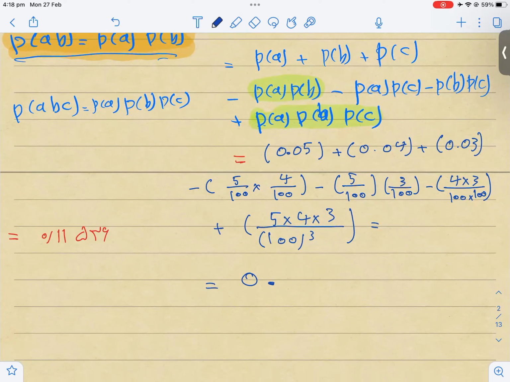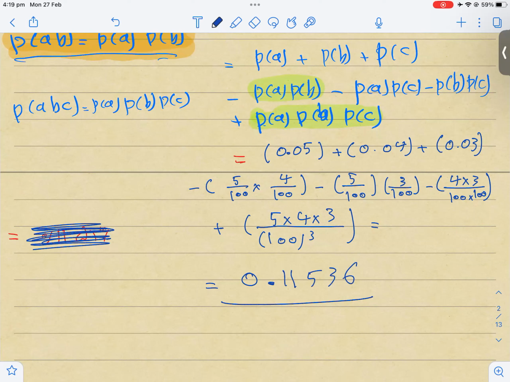Zero point what? 3, 6, excellent. Thank you very much. I have written it here in another language. I see the answer, but I just wanted to activate you. All right.